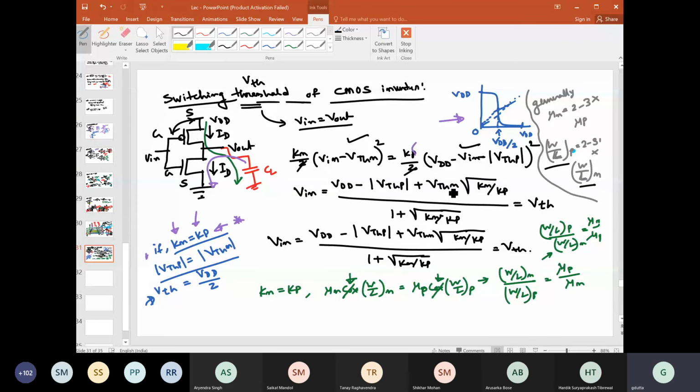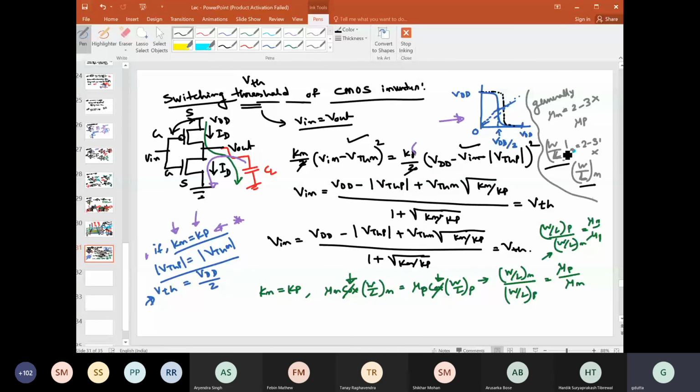It will shift right. In which direction will it shift? Rightward. You are right. So you can also see from this equation that if you increase it, it will shift towards VDD, like VTH will shift towards VDD, right?